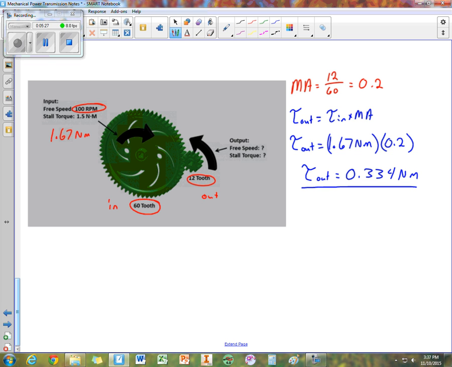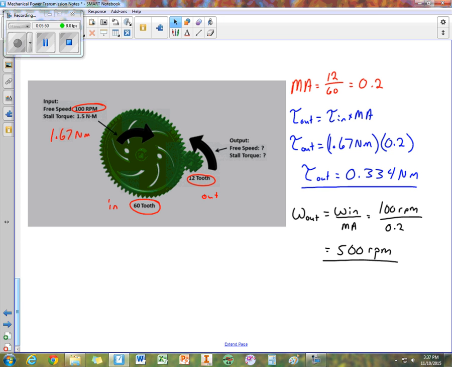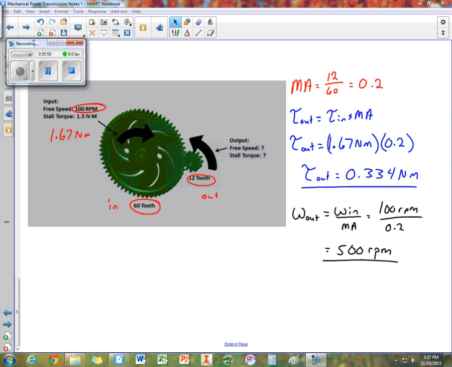For rotational speed, we get 100 RPMs divided by our 0.2, which gives us 500 RPM. So when we have a large gear driving a small gear, we see a loss in torque, but an increase in rotational speed.